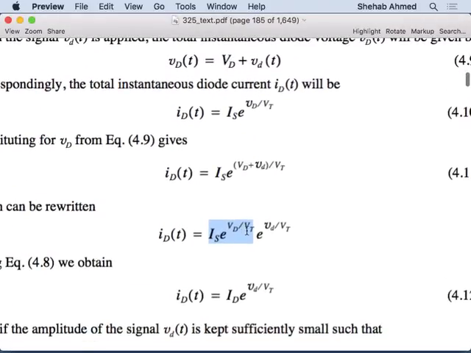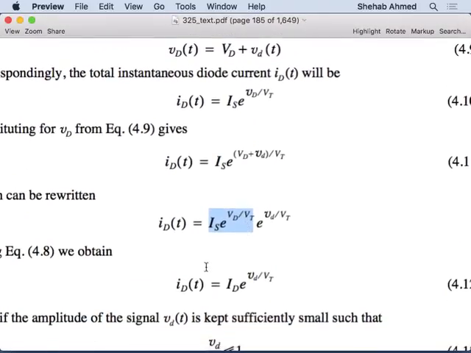This is the DC operating point, because it's a DC. It's only the capital VD over Vt. It's only the effect of the DC operating point, and this will give me an additional effect.